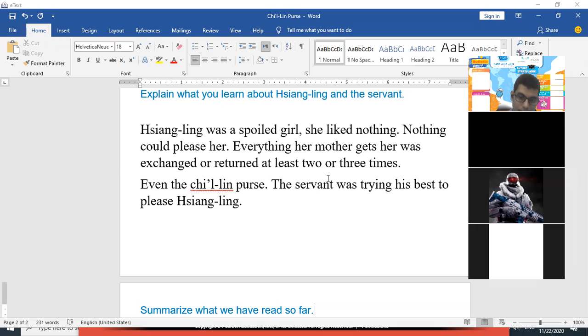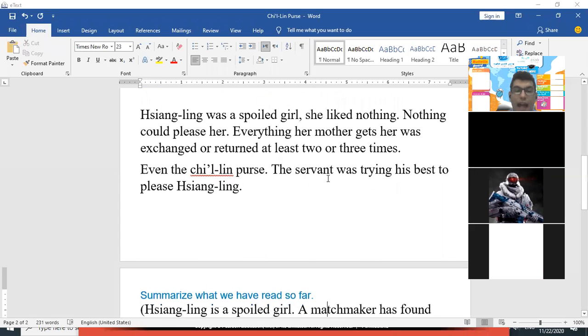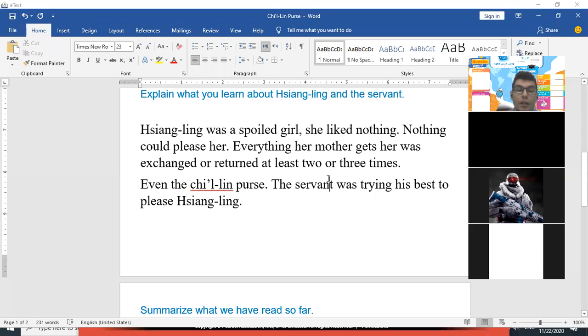But also she was a bit sad because she knew that she was going to leave her mother, her family, and her house. Everything she had. So Sang-Ling wore a red dress made of silk and a red veil. That's details. We don't need details. Summary is all about giving the main points.